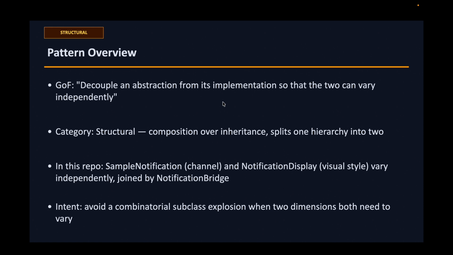If we want to translate this, we have 2 dimensions that both want to change over time. The bridge will split them into 2 separate hierarchies. They're connected by composition, not inheritance, meaning that we're going to try and use an interface instead of inheriting those traits. In this way, you can add a new item to either side without touching the other.